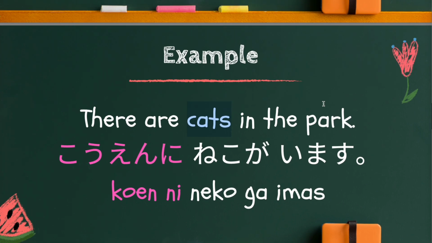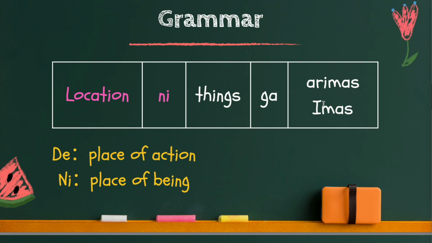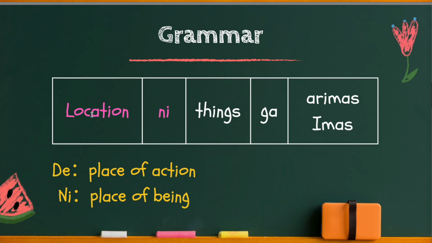I will show you the grammar format once again. It's location に things があります or います。So today we will be using this grammar format and practice using location words.